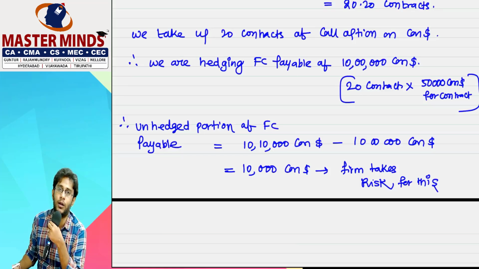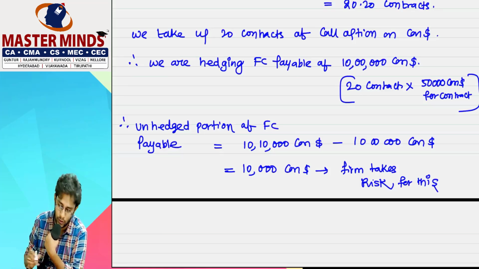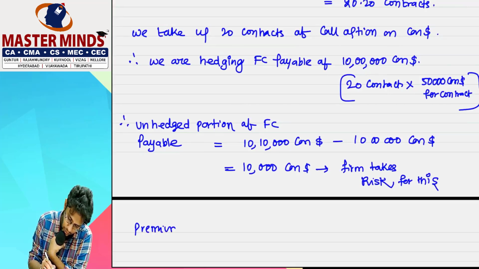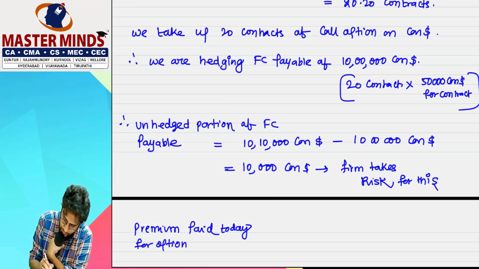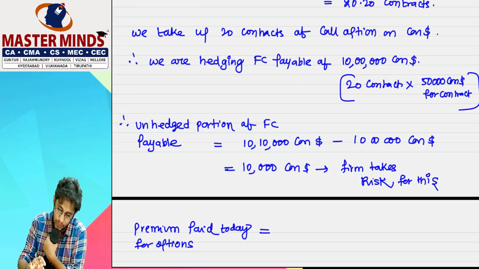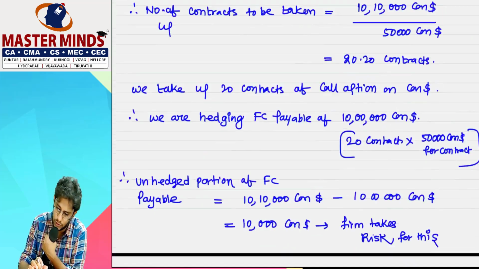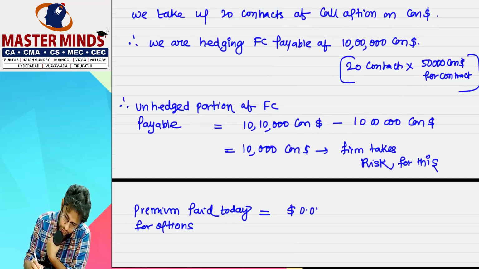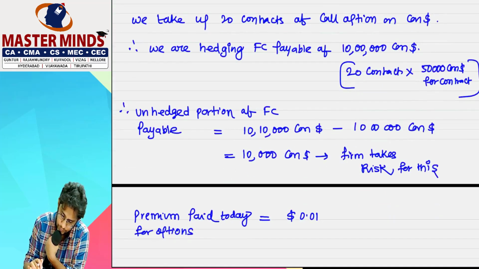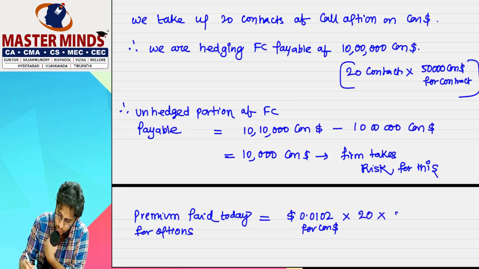Now, at this stage, you can work out your premium amount because you know the number of contracts. So, premium paid today for options is equal to, what is the premium amount? $0.0102 per CAN dollar, into how many contracts did you take up? 20 contracts, into each contract there are 50,000 CAN dollars.